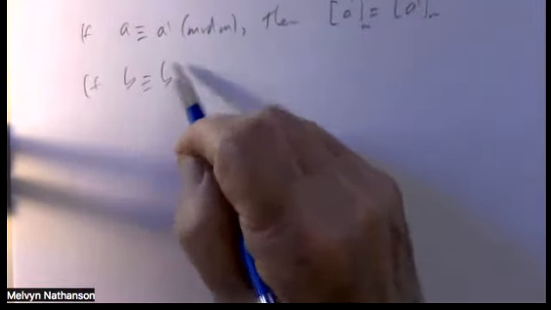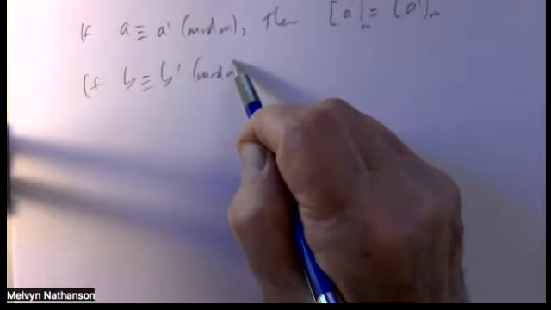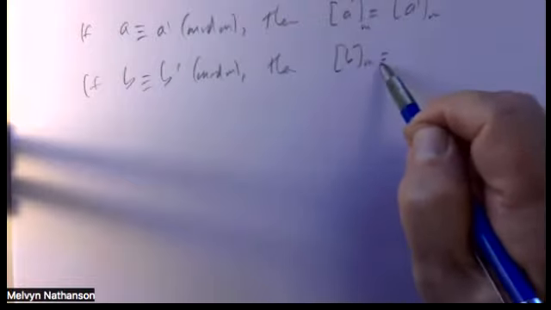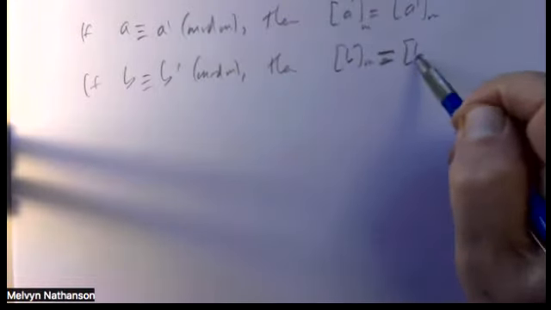And if B is congruent to B prime mod M, then the equivalence class of B is equal to the equivalence class of B prime.